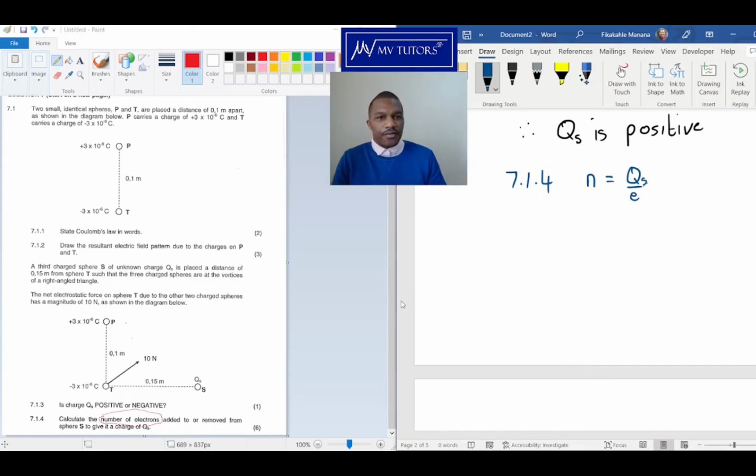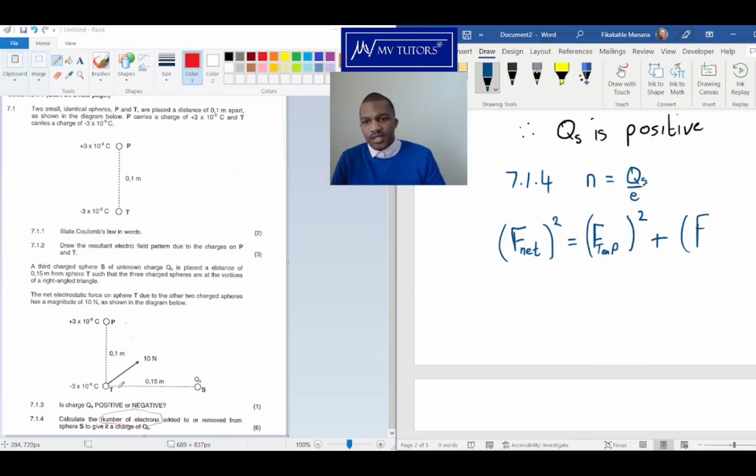So we're working backwards now, we're going to say the resultant force, or the net force, according to Pythagoras, squared is equal to the force of, I'll call it T as they did, the force of T on P, squared, plus the force of T on S, or we can say S on T and the other way around. Okay, but let's leave it like this.